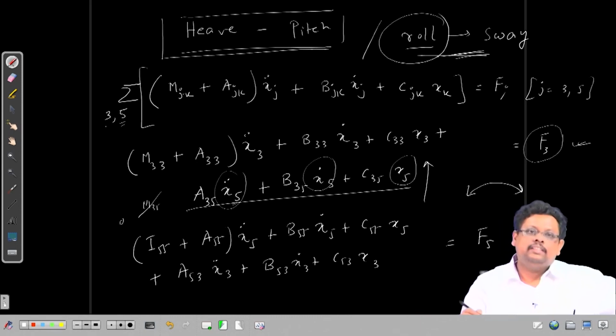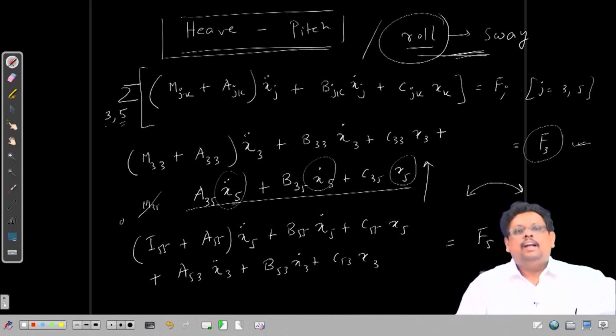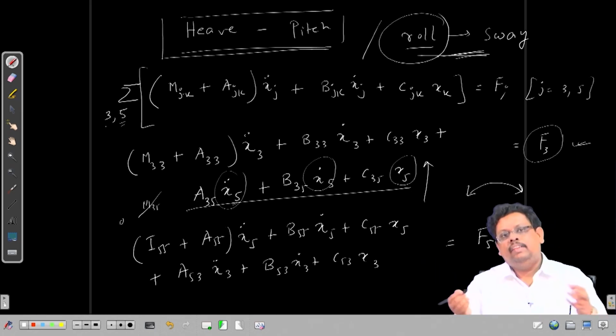Now, you can extend this to all 6 degrees of equations of motion, right, and you will find that many terms are 0 and many terms are non-zero.